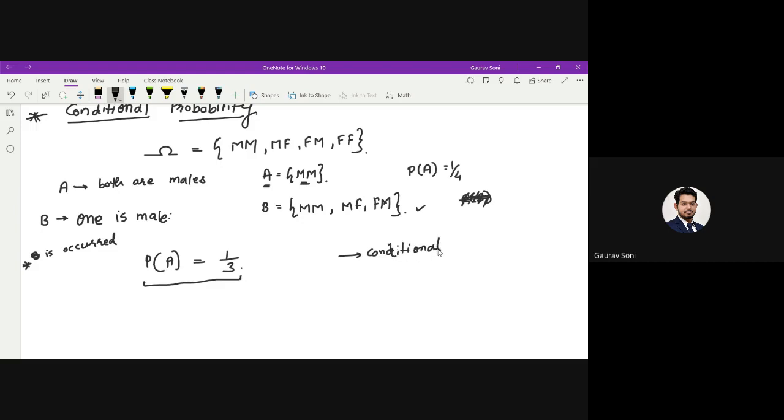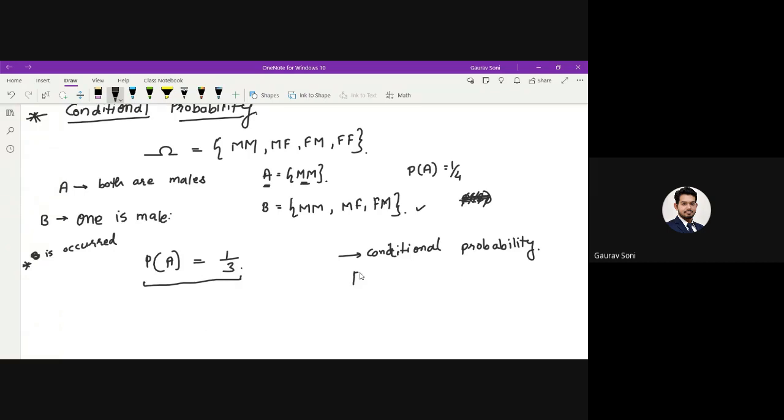There is a condition that another event has already occurred and now I want to look at this event. So B has occurred and I'm looking at the probability of A. This is called the conditional probability. There is a condition that one event has already occurred. Now, how is it denoted?